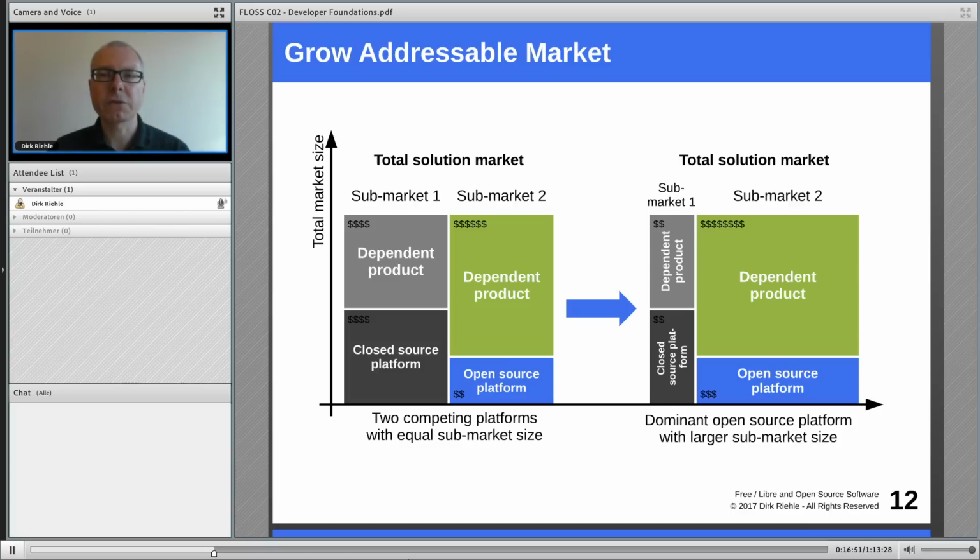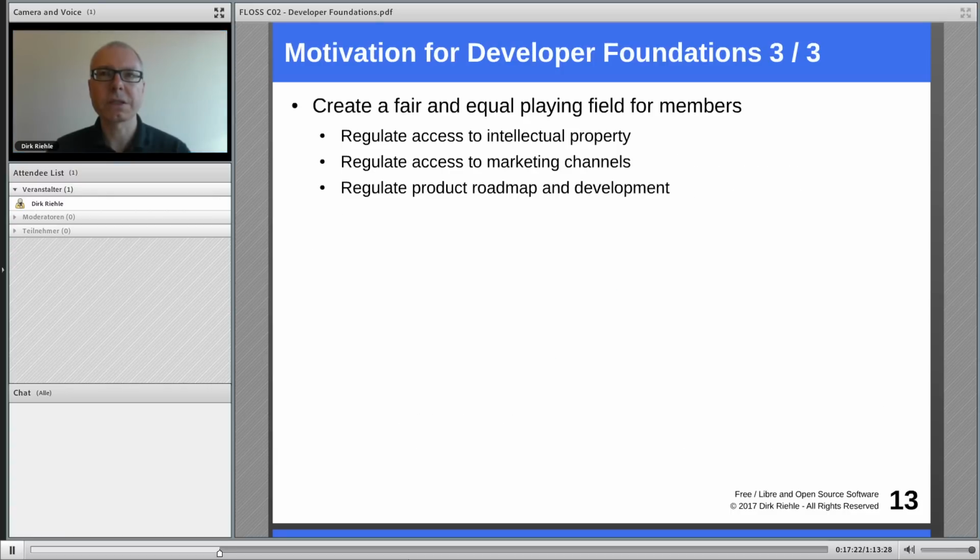So in the past, you may have had to support both Windows and Linux, but if Linux were to fully push Windows out of data centers, then all data centers would be running Linux, and your product only needs to run on Linux as well, and hence you are in the largest possible addressable market. So that's another reason to support open source developer foundations who develop such software.